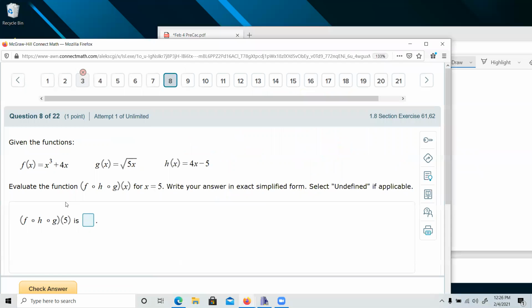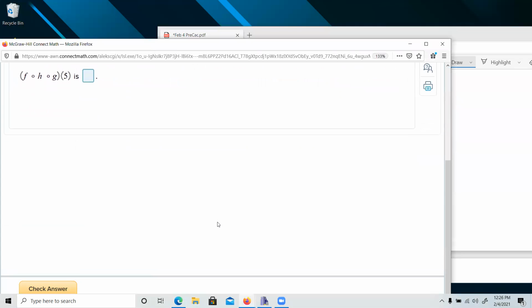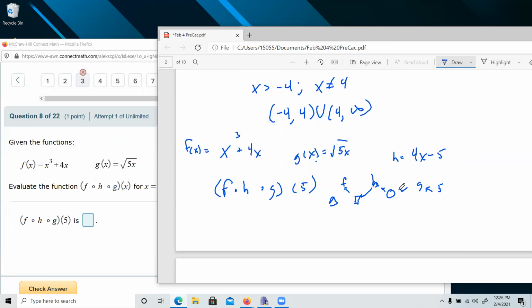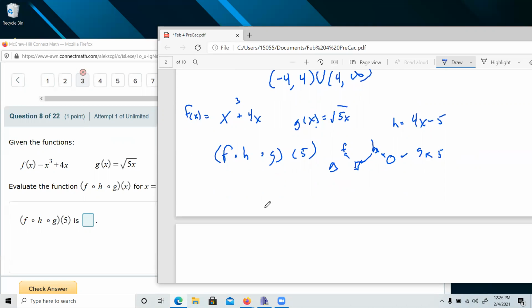Did they ask us for anything else? They are just asking us to deal with this numerically. And I'm looking at this now and thinking maybe this is the best way to go. We could also figure this out by doing f of h of g of x, and then put in a 5 when we're done.